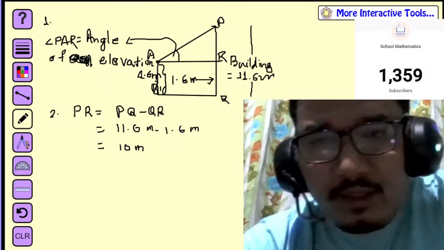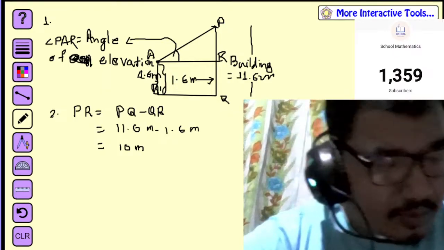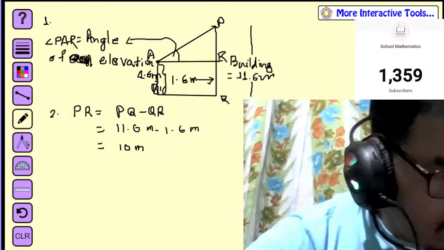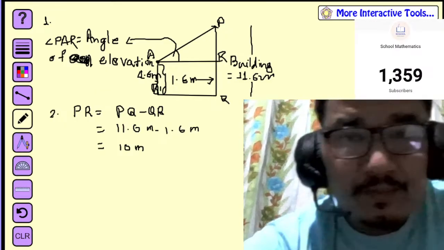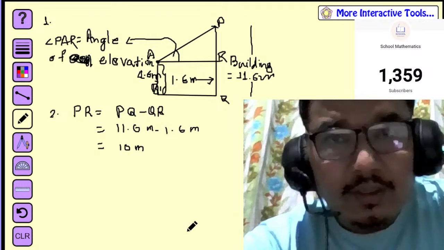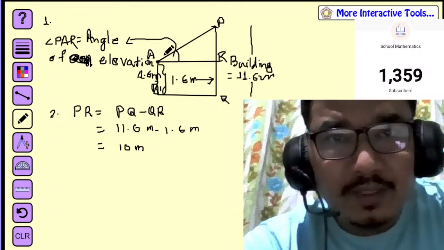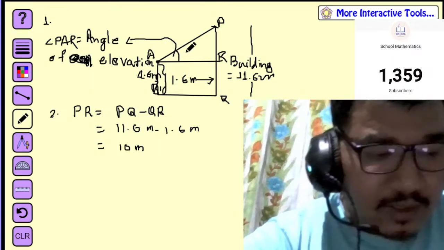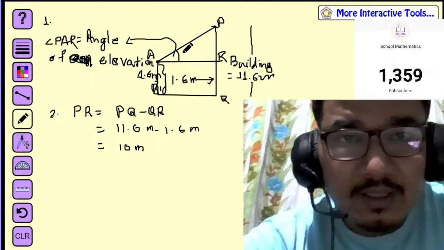Right? Okay. Now let's move to the next question. Here the angle PAR is given. If this angle is 60 degree, that I'm doing in question number three.